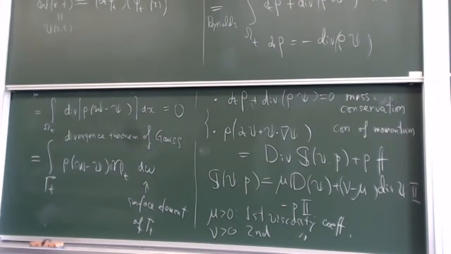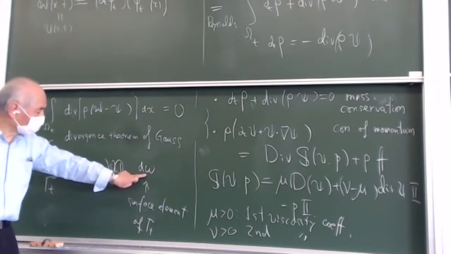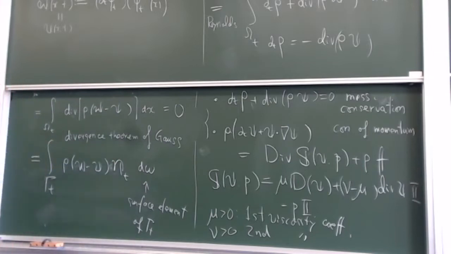Yeah, so sometimes a mathematician is very serious about the definition, but so far you just consider this formula. It's not so necessary to think about the rigorous definition of this elementary surface element.